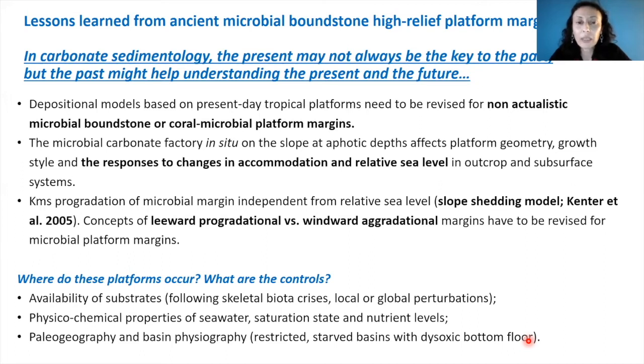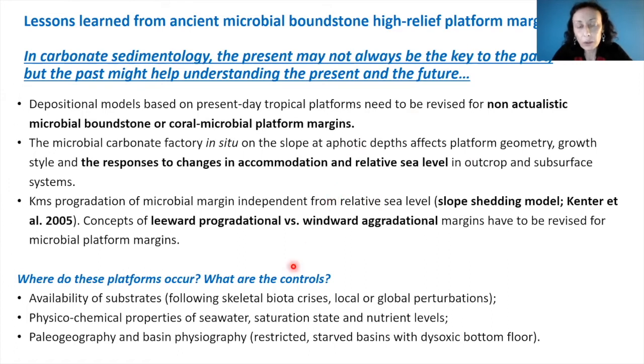And what we need to keep in mind is that this carbonate platform can be considered a non-actualistic example of a carbonate system, and when we interpret them, we need to consider that the carbonate factory has a higher depth extension on the upper slope, and they respond differently to changes in accommodation.